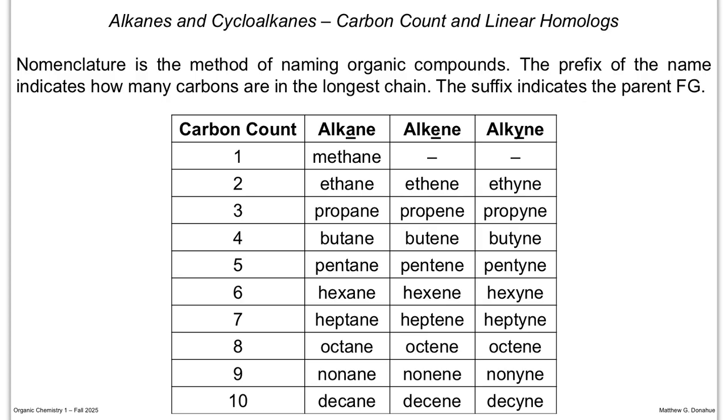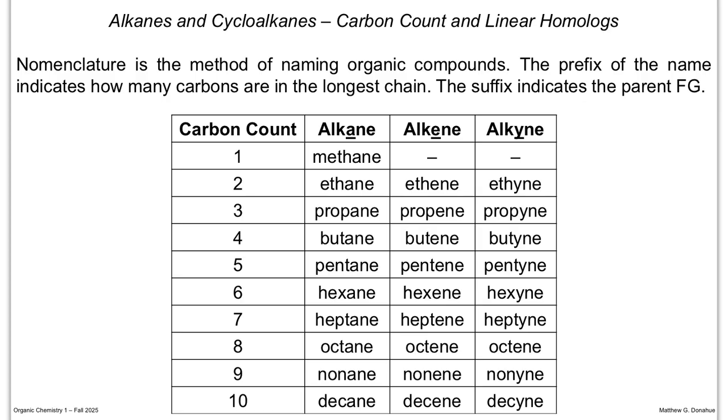So the rules for nomenclature, I would say based on the carbon count, for lack of a better word, you want to memorize the names of carbons 1 through 10. Anything beyond that, we're really not going to focus too much on.